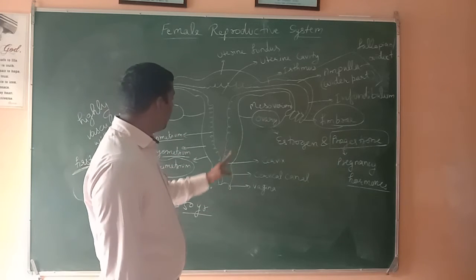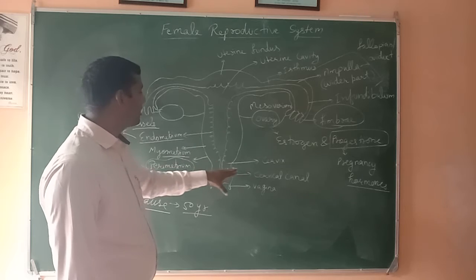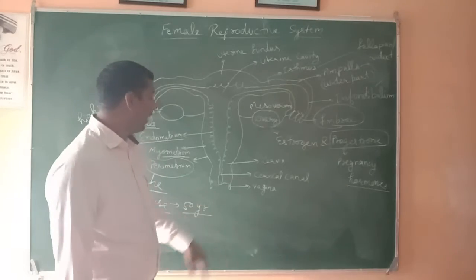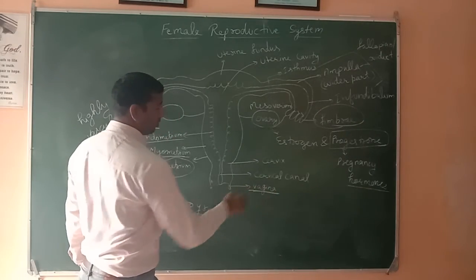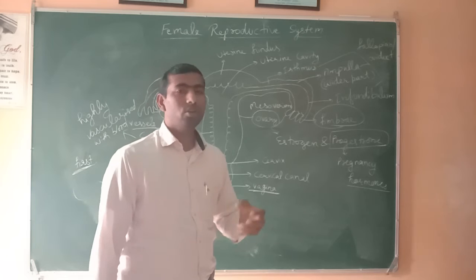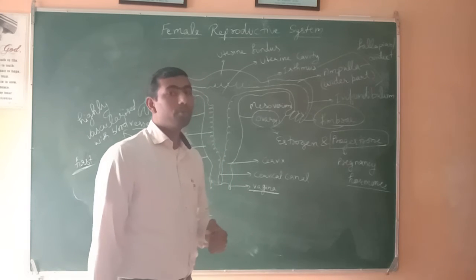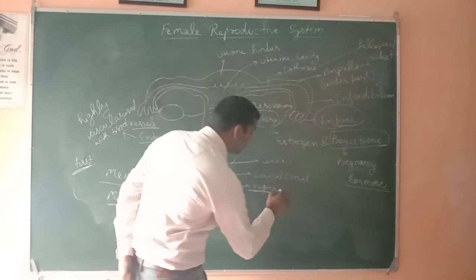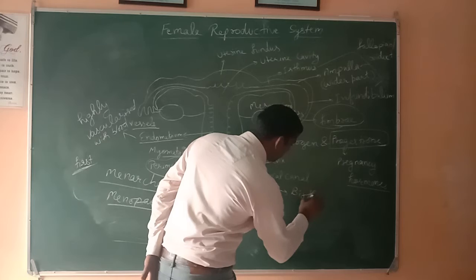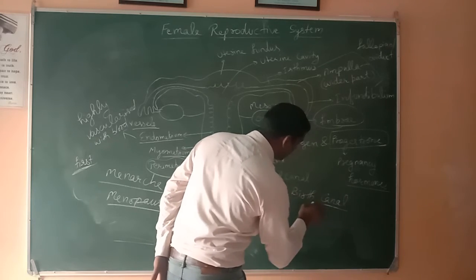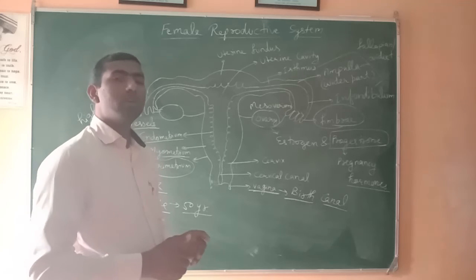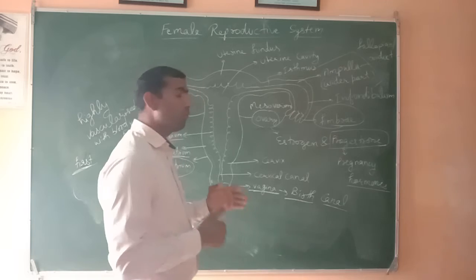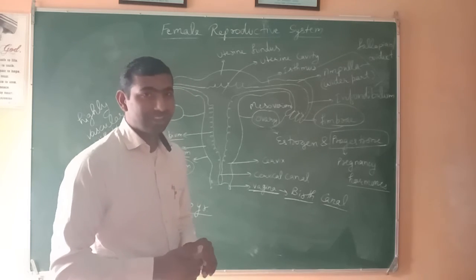Now the end of this uterus is the cervix, and this leads to the cervical canal, and the vagina receives the semen or sperms from the penis during copulation, and the vagina is also known as the birth canal. Parturition is the delivery of the baby after the full development of the fetus in the uterus.